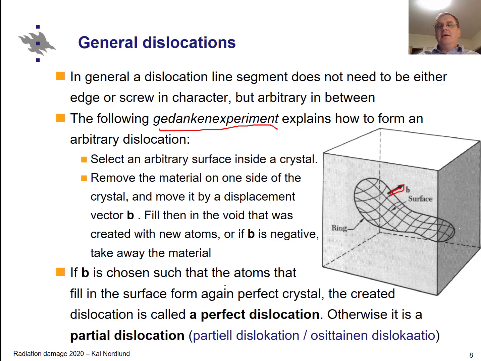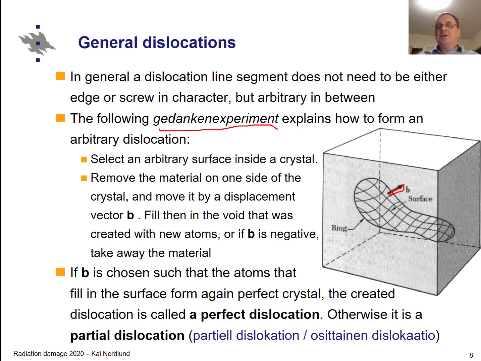But in reality, many of these things would be extremely high in energy and thus in practice not form. Then the easiest way to be sure that you have a low energy structure is that you take b to be, for instance, the nearest neighbor interatomic distance, and fill the atoms such that along this surface you actually have perfect crystal.